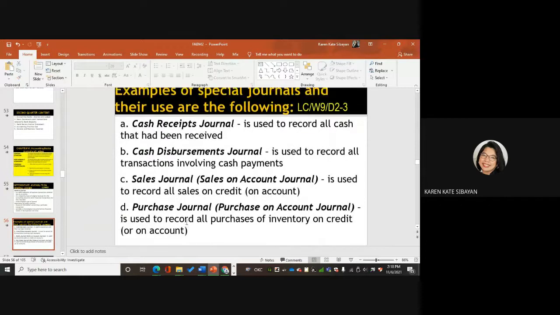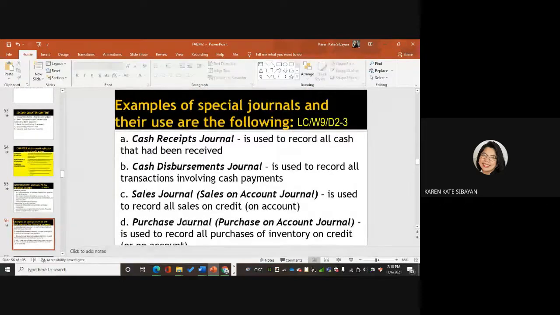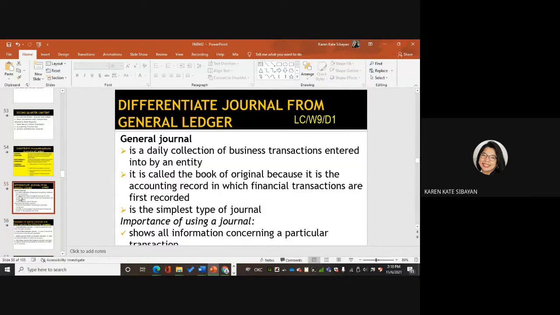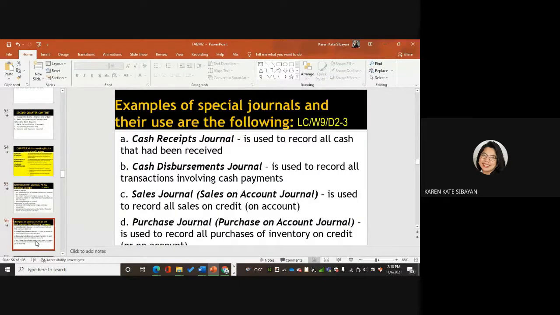So, we also have some of the examples of special journals and their use are the following. So, sa general journal, ito po yung nandito lahat. Okay? But, we have also what we call the special journals. Letter A, cash receipts journal.